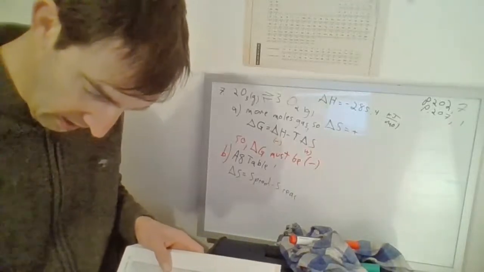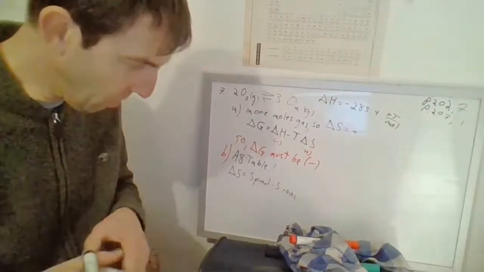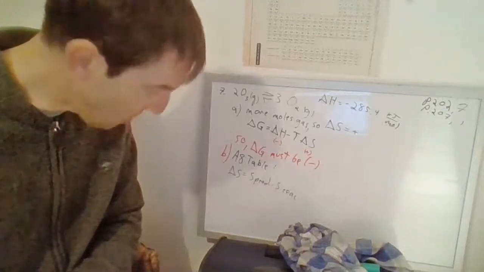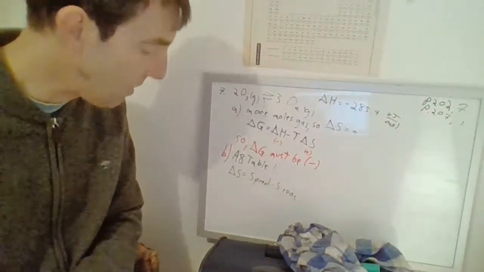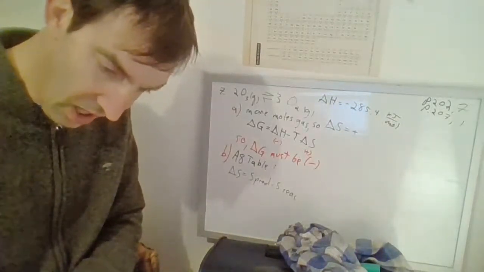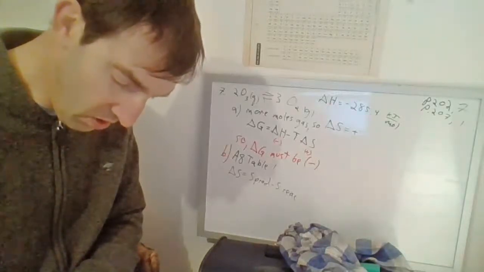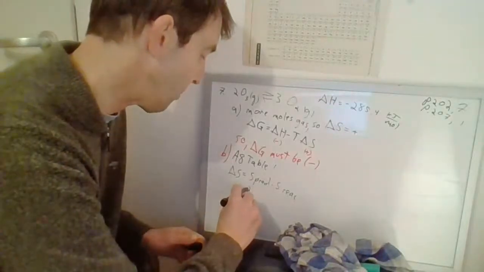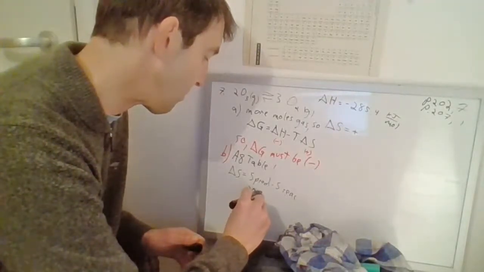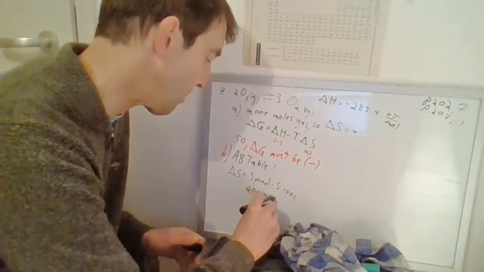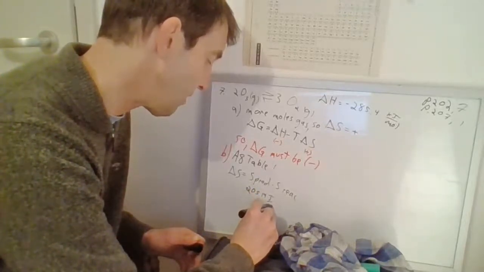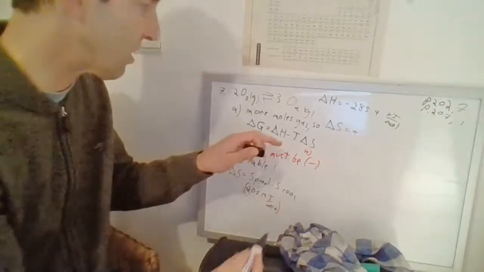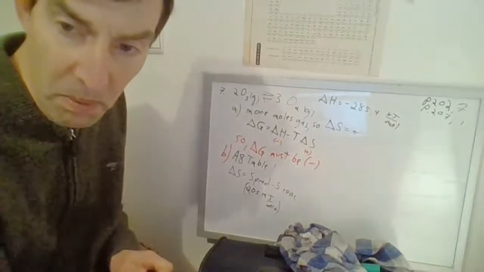Let's put a marker here to hold that spot. The entropy for O2 is, and stop me if I get the wrong one, 205.14 joules, probably per mole Kelvin. But gang, I got 3 moles there, right? So that one multiplied by 3.